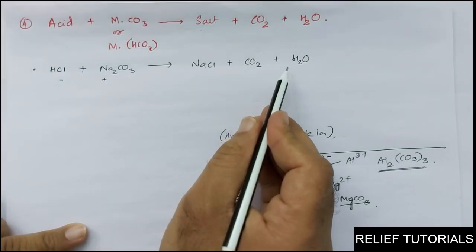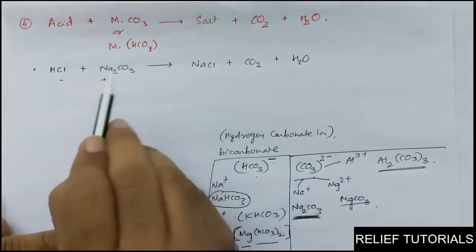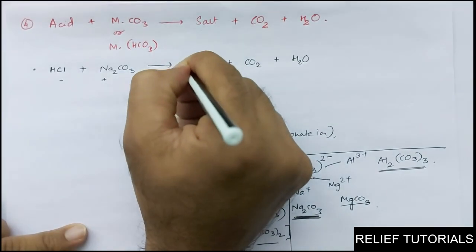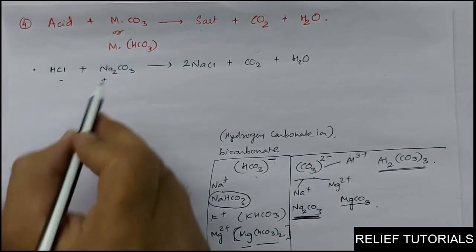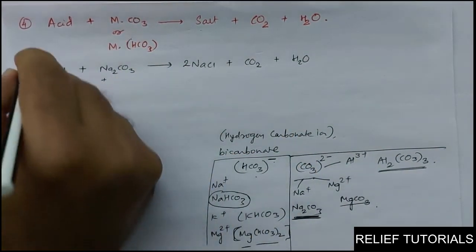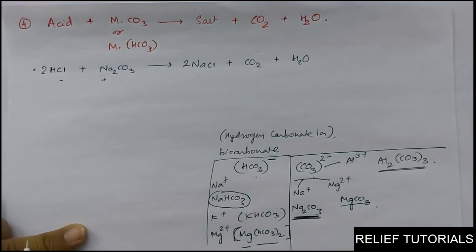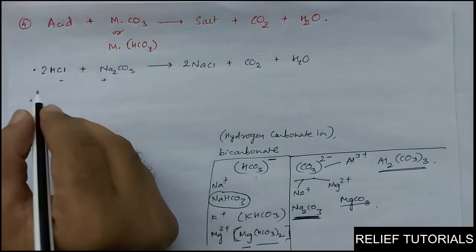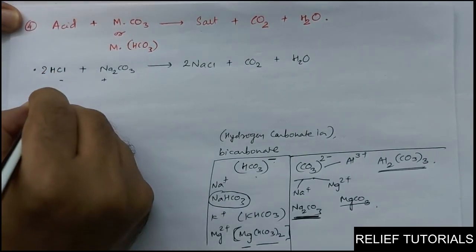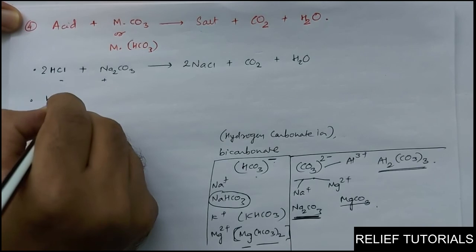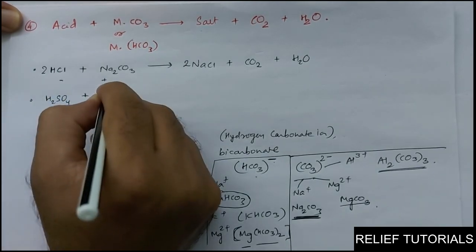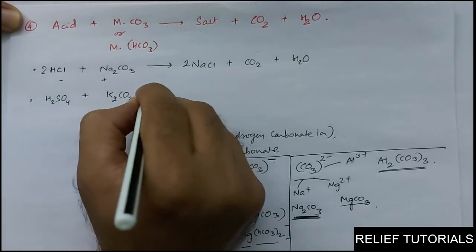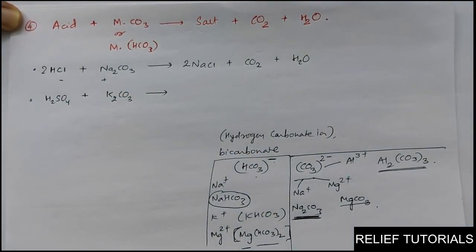Just you have to make the equation balanced. Here Na is 2, so you can write 2 here. Okay, and Cl is 2, so you can write 2 here. One more example, one of the acids, let us say the acid is H2SO4, reacts with one of the carbonates, K2CO3, potassium carbonate.